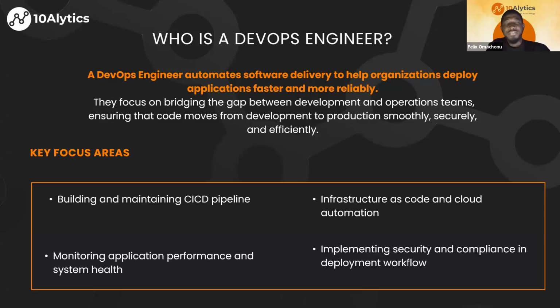So one very great thing about DevOps engineering is that it's pretty new. It's not as old as a lot of other tech skills. It's been, I think, since 2008 or 2009, right? So before DevOps, the entire deployment process took long, took months. There were so many issues that were faced before DevOps was introduced.